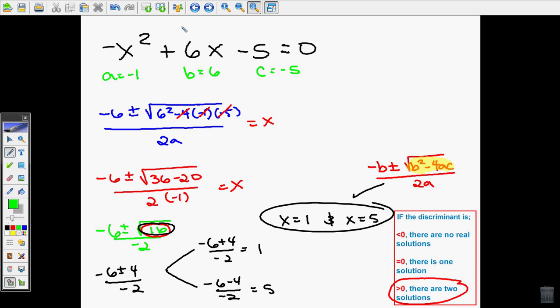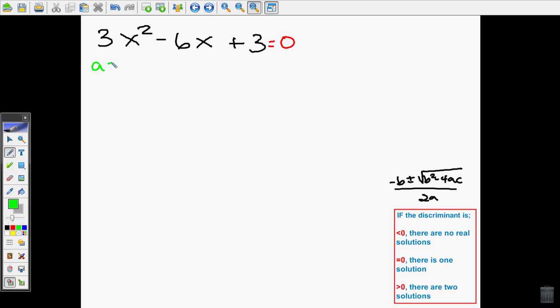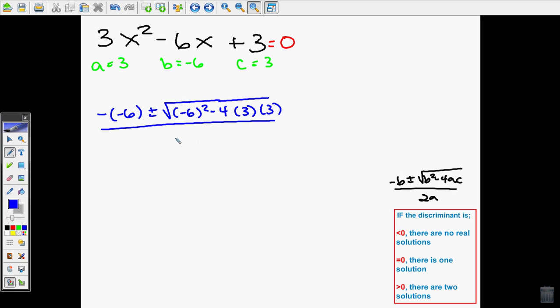All right, let's do another example. Here, a is equal to 3, b is equal to -6, and c is equal to 3. When I plug this into the formula, I have -(-6) plus or minus the square root of -6 squared minus 4 times 3 times 3, divided by 2 times 3, and all of this is equal to x.